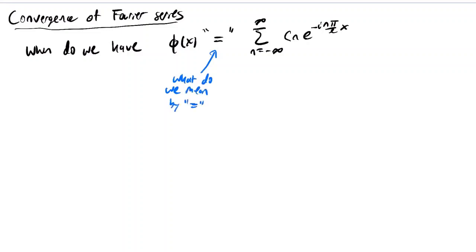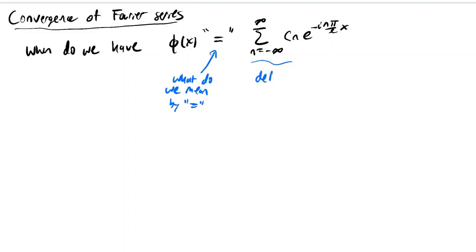Do we mean that for every point these things are equal? Or maybe my function phi is equal to this infinite sum in some kind of limiting sense, and then if it's equal in some limiting sense, how do we define the limit? Similarly, an equivalent question is, how do we define or understand the convergence of this infinite series, right?